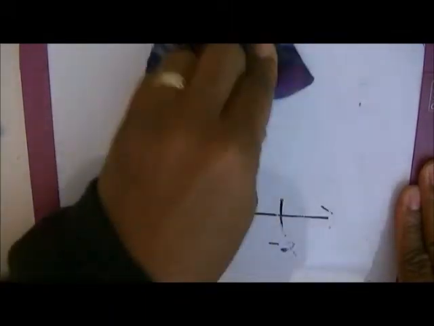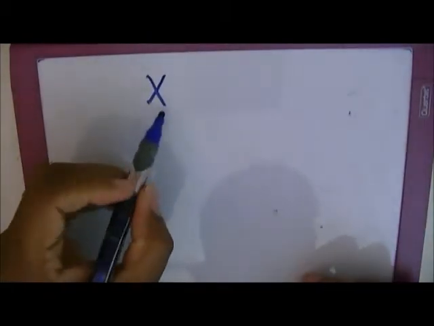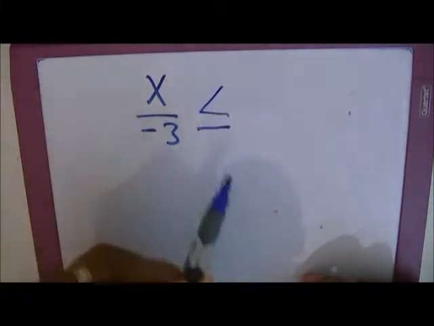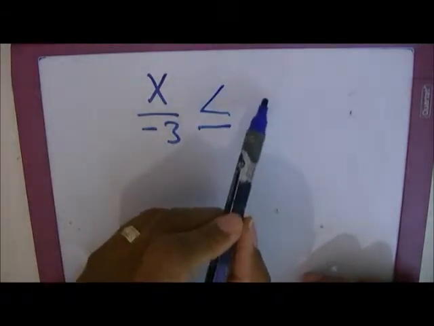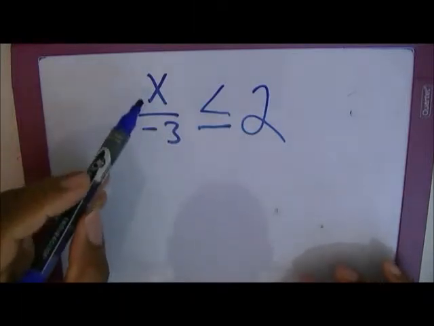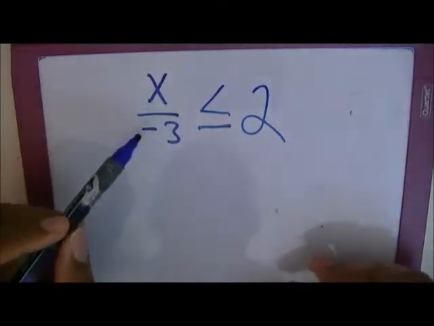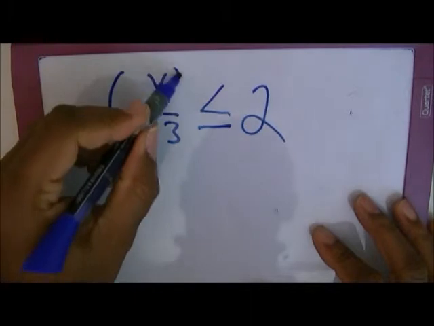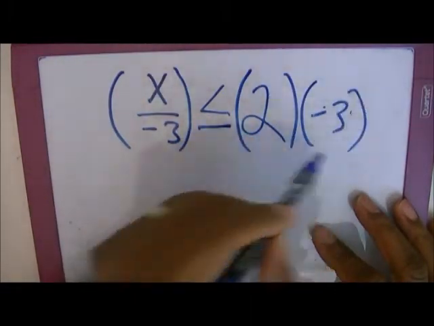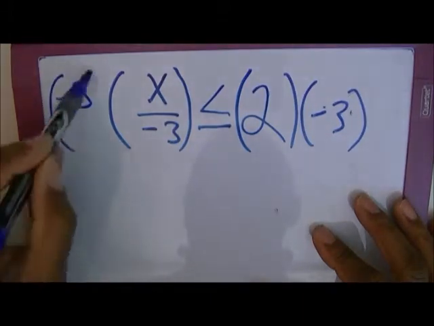We'll do the same thing now with a quotient or a fraction. We'll say x divided by negative 3 is less than or equal to, that's what that sign means, 2. Just like before, since our unknown number is being divided by negative 3, we're going to multiply both sides by that same number, negative 3.